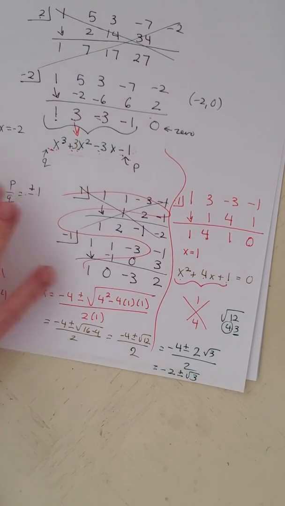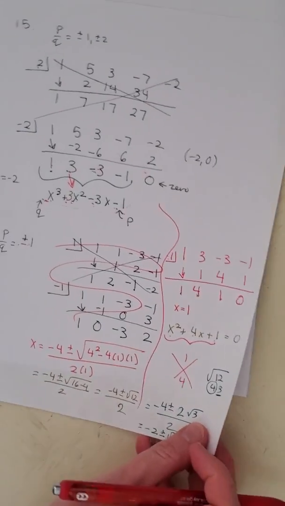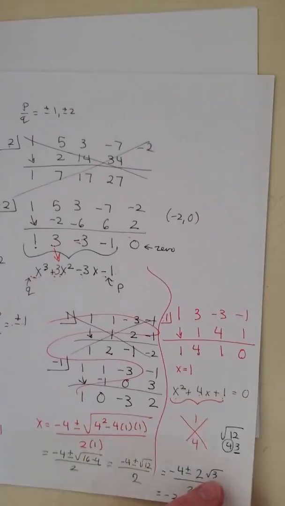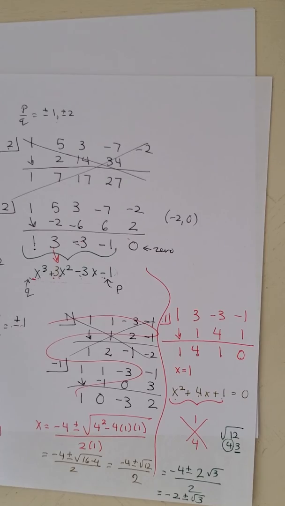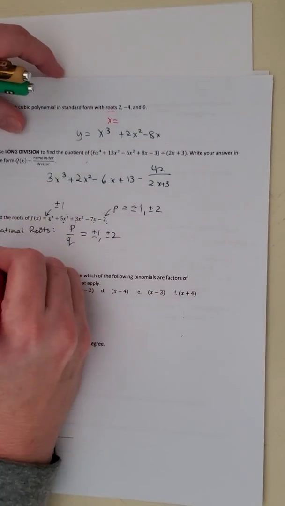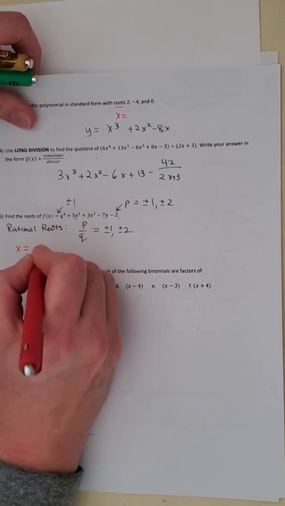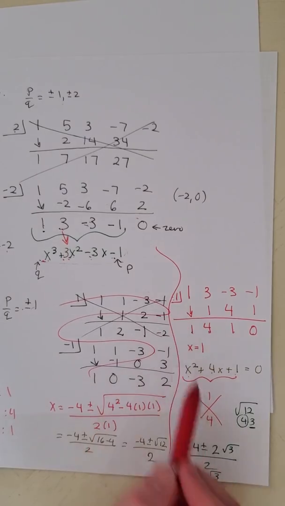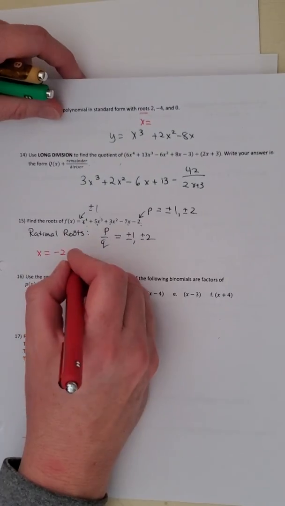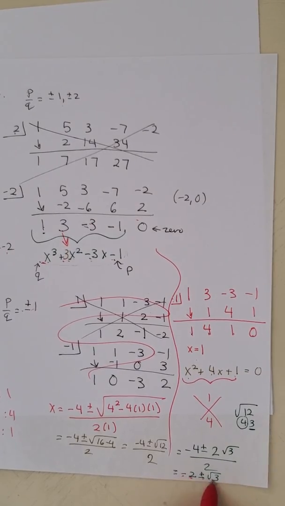And so our 4 roots are, oh, where did my paper go? Our 4 roots are x equals negative 2, x equals positive 1, and negative 2 plus or minus the square root of 3.